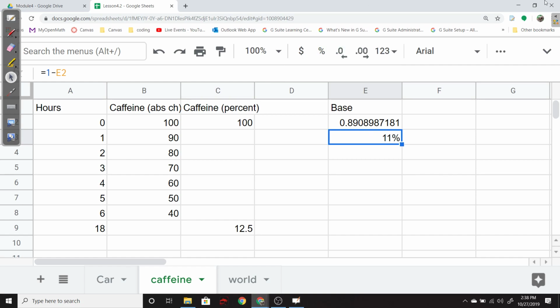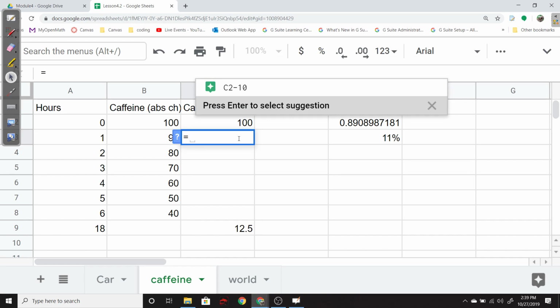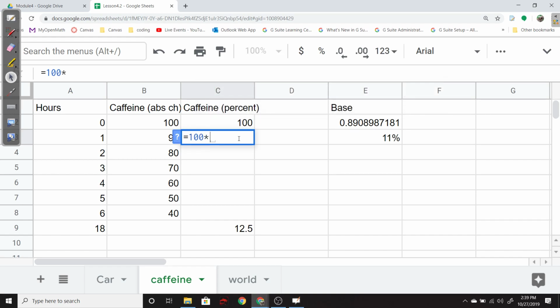Okay. So I was guessing at a 10% decrease in caffeine, or 10 milligrams from 100, and if the half-life of 6 hours is correct, it's actually about an 11% drop each time. So if we go with the 11% drop each time, we start with 100 times, we keep 89%, raised to the power how many hours went by, which is over here in this column.